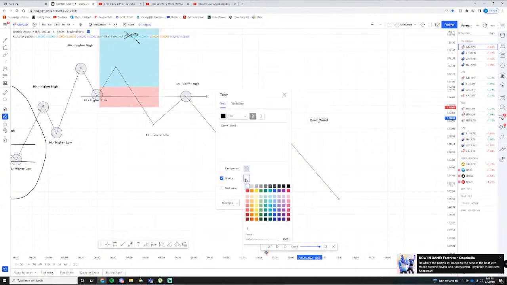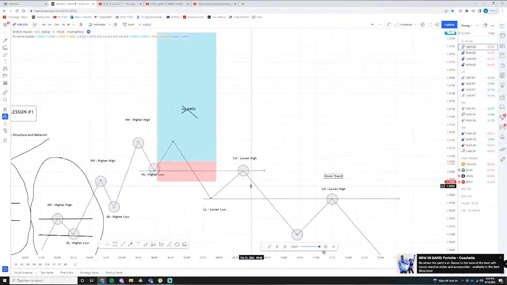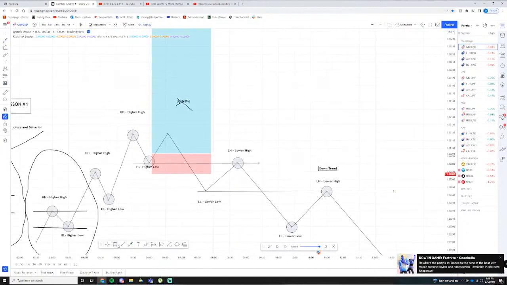Right? And the reason why I wait for this confirmation is because of this. We see a change in behavior right here. Imagine these lines are the graph, the candlesticks.